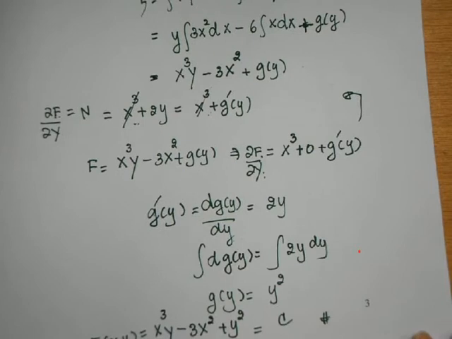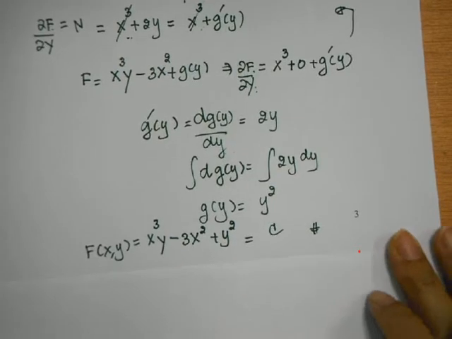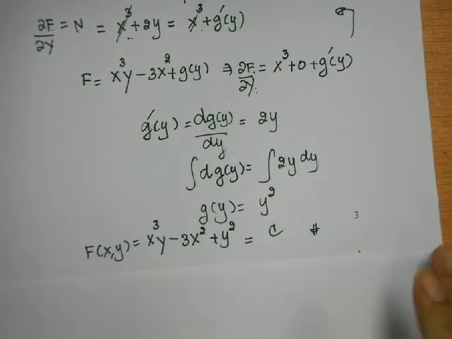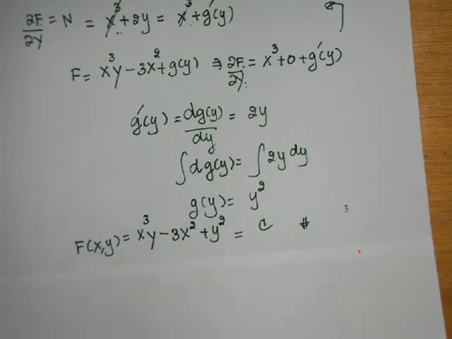If you don't want to do it this way, you can do it the other way. The other way is that we do the integral for both, integrals with respect to x and y.